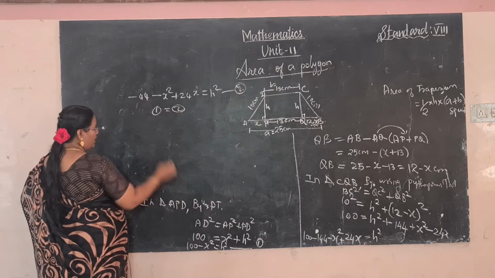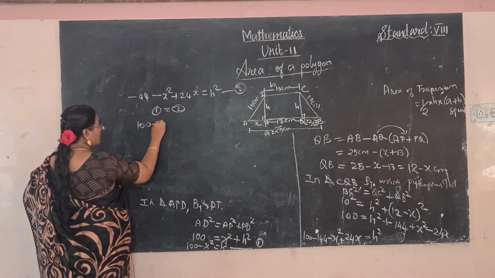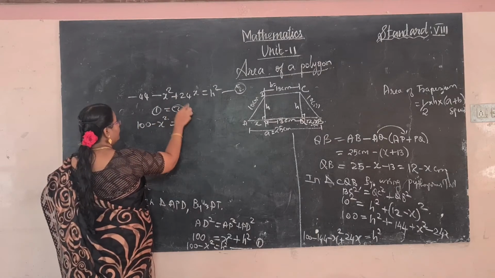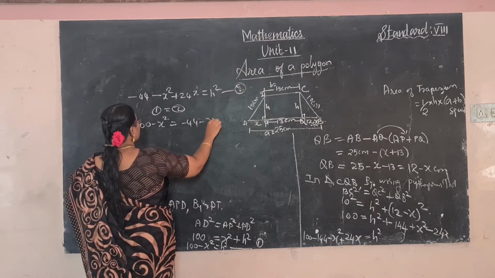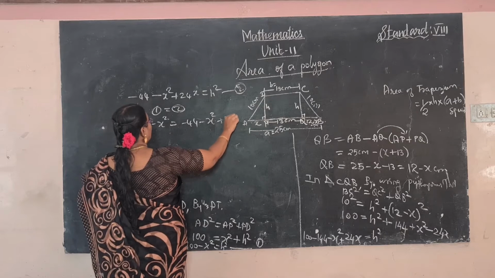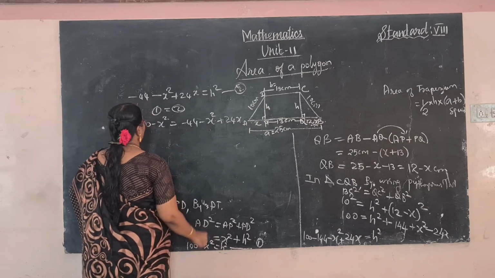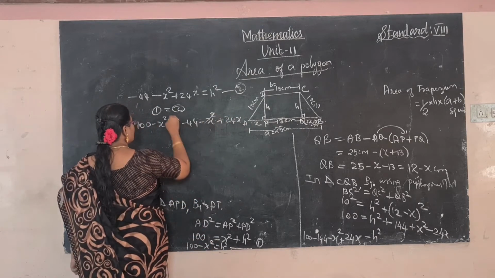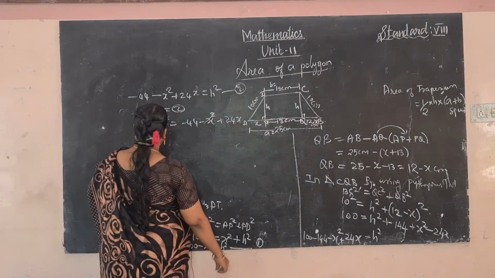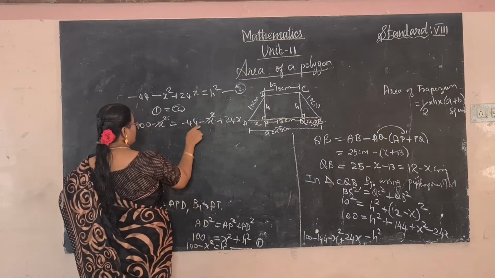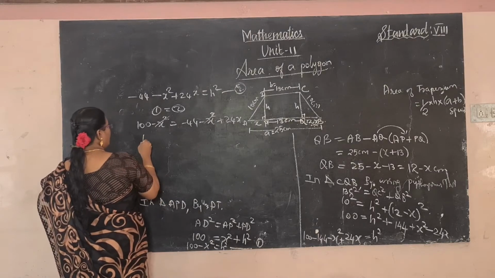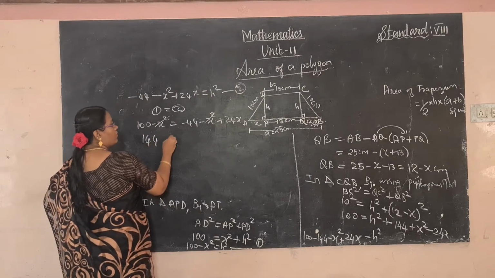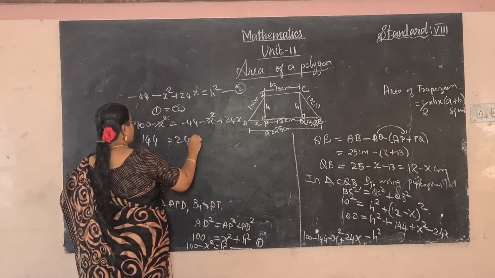So h square value is here 100 minus x square, here minus 44 minus x square plus 24x. So this term will be cancelled. What remains? Minus 44, come to this side: 144 is equal to 24x.